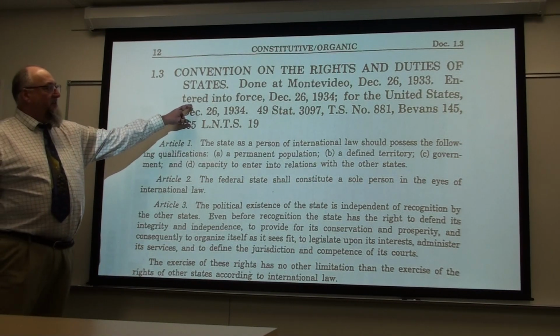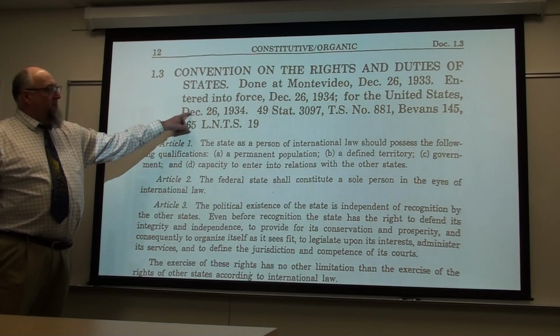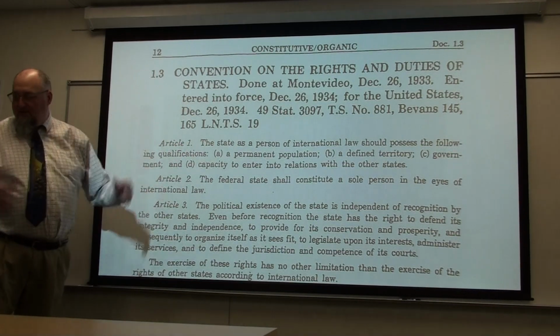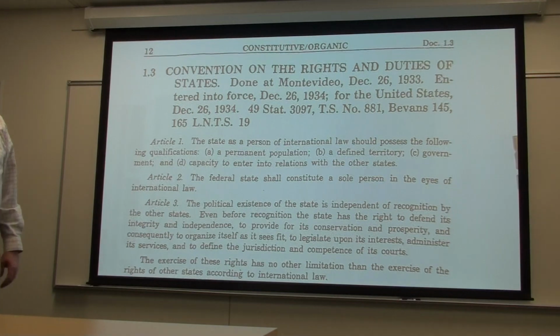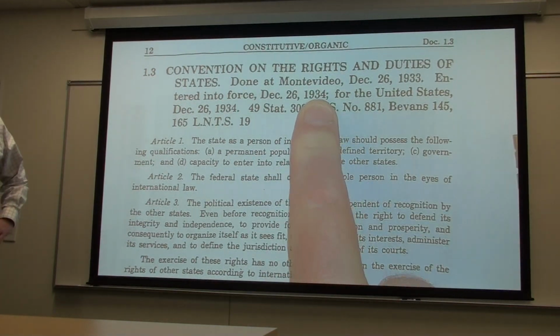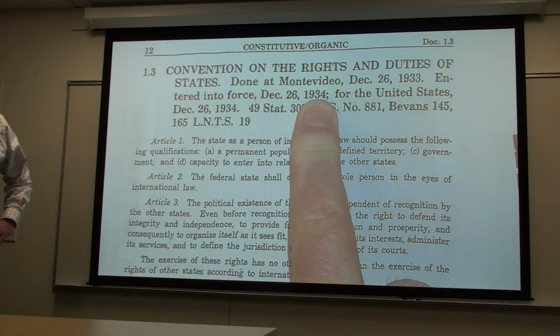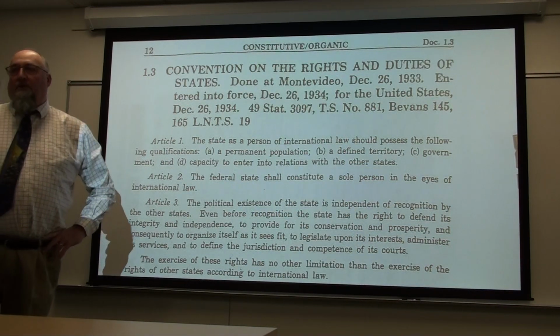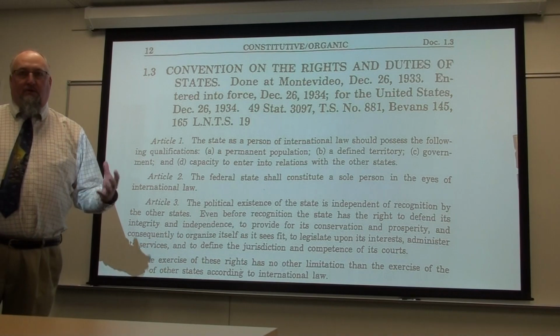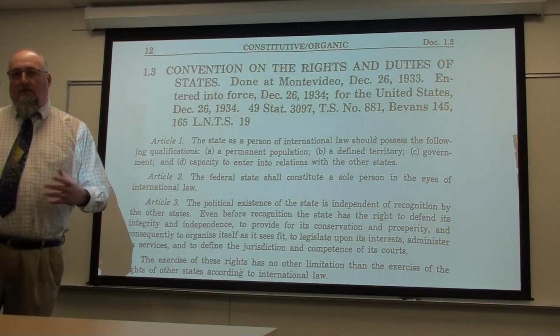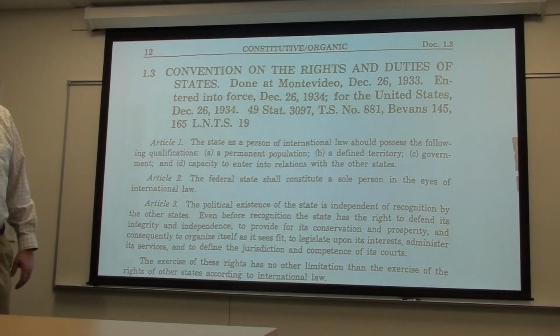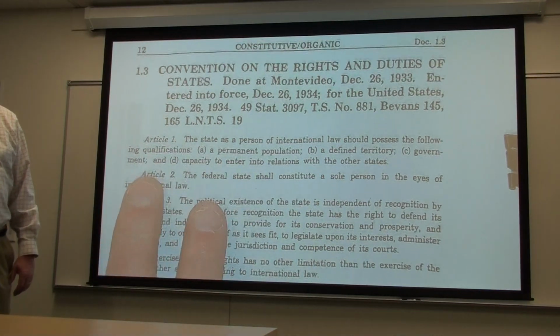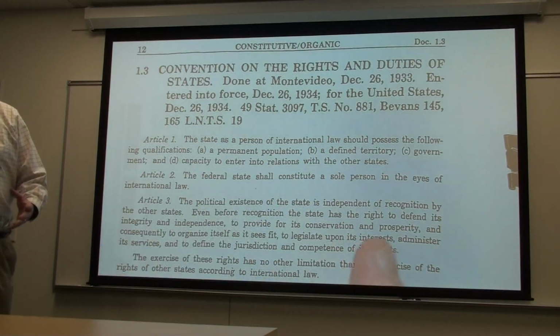Entered into force in 1934 for the United States and then other countries that glommed on. Now, why is that important? This is pre-World War II, right? This is just as the Nazis were coming to power in Germany in the mid to late 30s, leading up, of course, to World War II. So this is post-World War I, but pre-World War II.